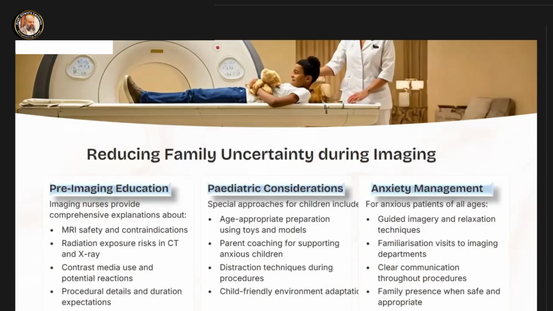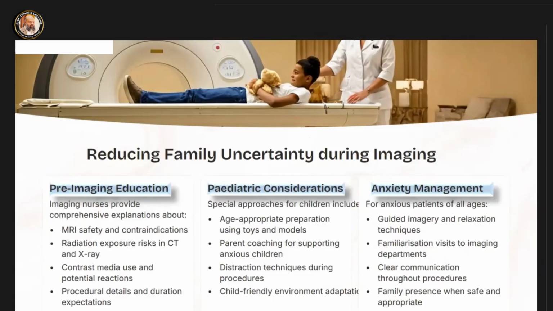Pediatric considerations. Special approaches for children include age appropriate preparations using toys and models, parent coaching for supporting anxious children, distraction techniques during procedure, and child-friendly environment adaptation.